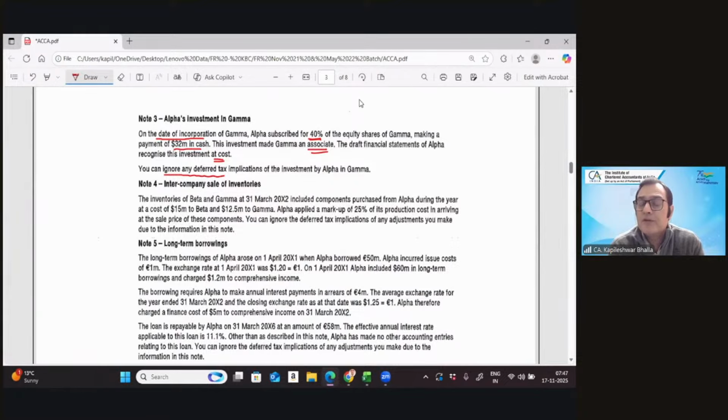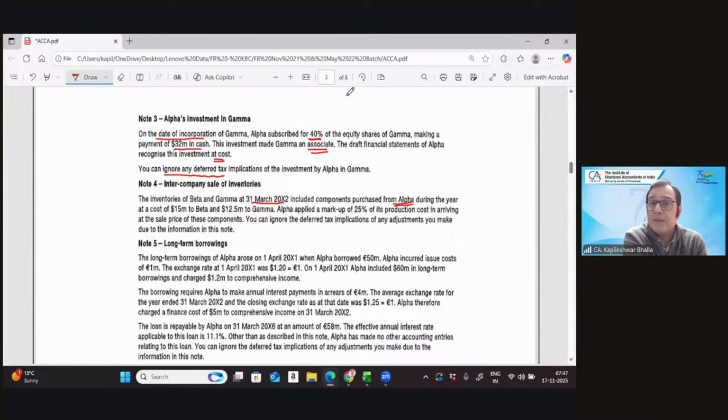Then comes note number 4. It says the inventories of Beta and Gamma on 31st March X2 included components purchased from Alpha. Now we are of course considering Alpha is the investor. Beta and Gamma both are the investee companies. So when it says inventory of Beta and Gamma includes certain components, what is it? Upstream or downstream in nature?